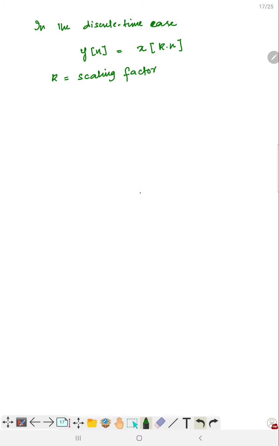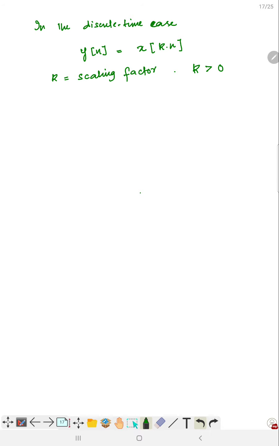In the discrete time case, we only deal with discrete time intervals. n is an integer value 1, 2, 3, and the same thing applies to k. It cannot be a fraction, it has to be greater than 0: 1, 2, 3, 4, 5, 6, something like this.